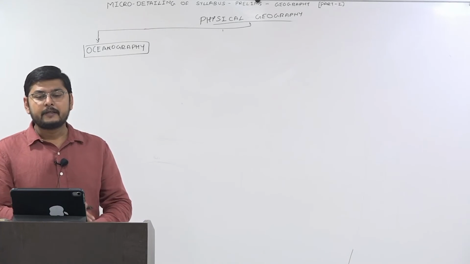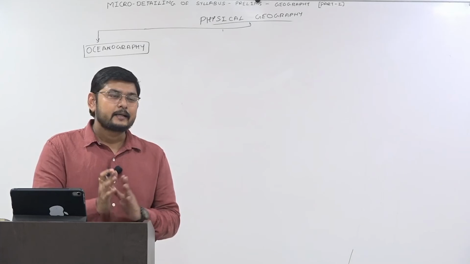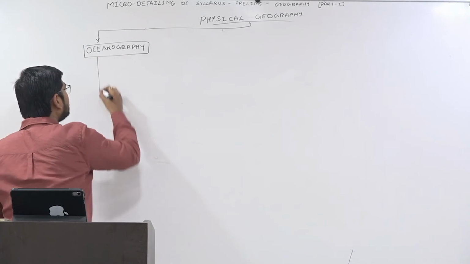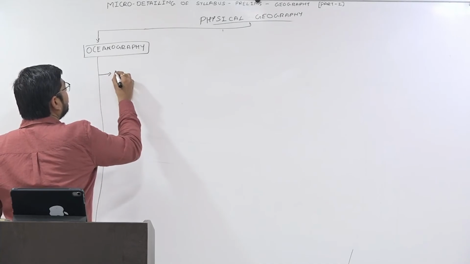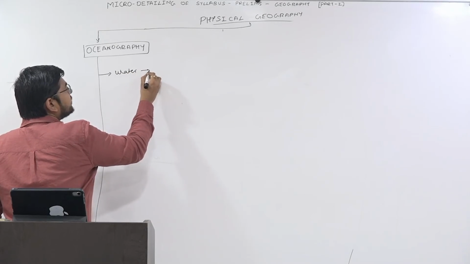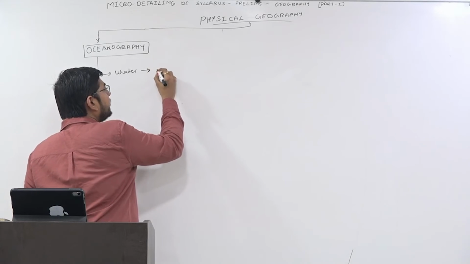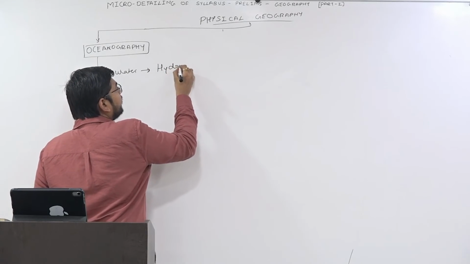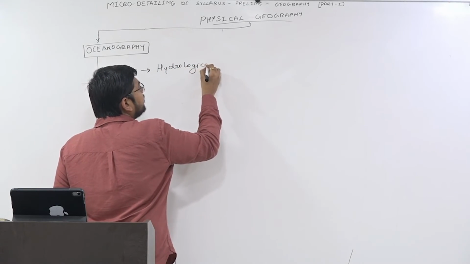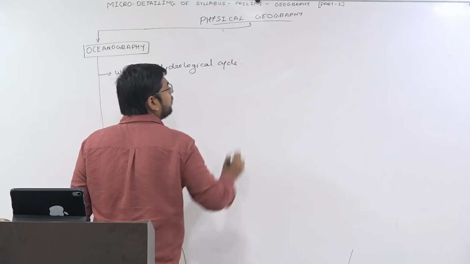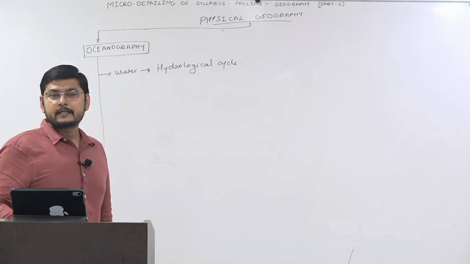In oceanography, the first thing we'll be studying is the water which is present on the surface of earth. It will be studied in the form of the hydrological cycle. What is the hydrological cycle? We'll be studying in detail.